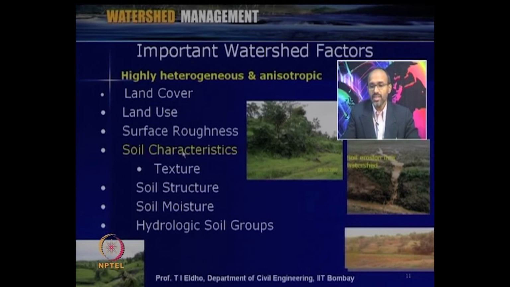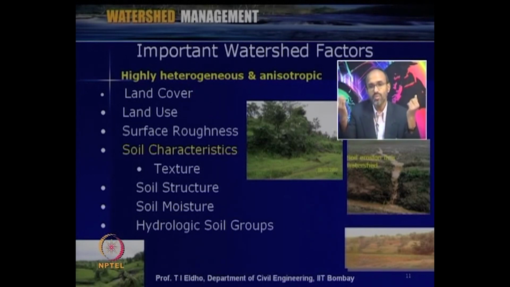As far as soil is concerned, some of the important soil characteristics are the texture of the soil, the soil structure, and of course, as far as runoff is concerned, the soil moisture. Especially when we go for modeling, we can classify the various soil types within the watershed into various groups. That kind of classification we call hydrological soil groups. This aspect we will be discussing in some later lectures.